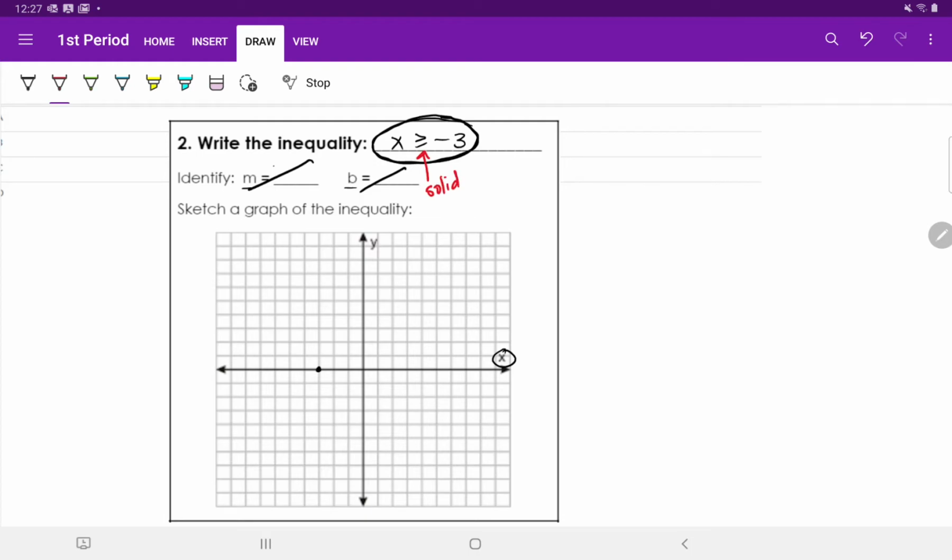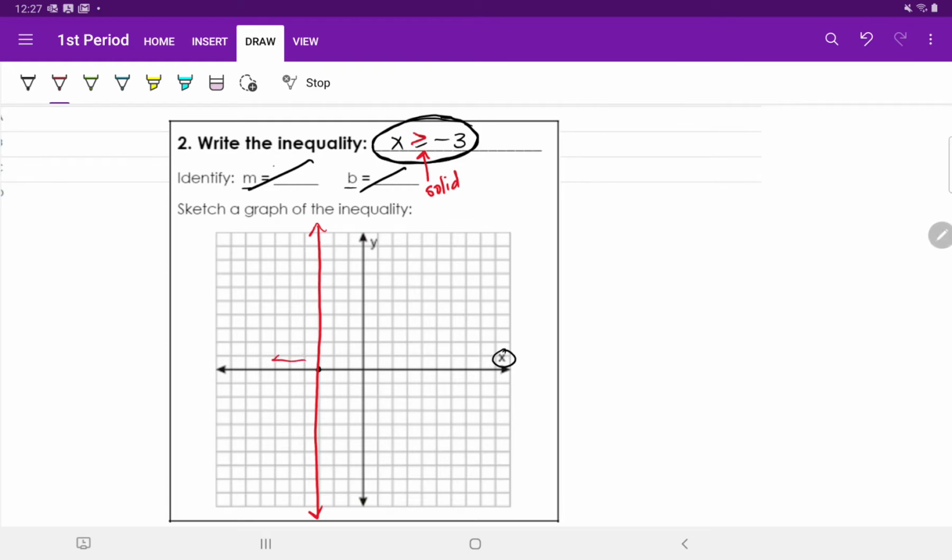Since we're dealing with a greater than or equal to symbol, it's that or equal to part that's going to give us a solid line. So I'm going to draw a solid vertical line. And now we have to figure out what side to shade. It's a greater than or equal to, so we're going to shade in the greater direction.